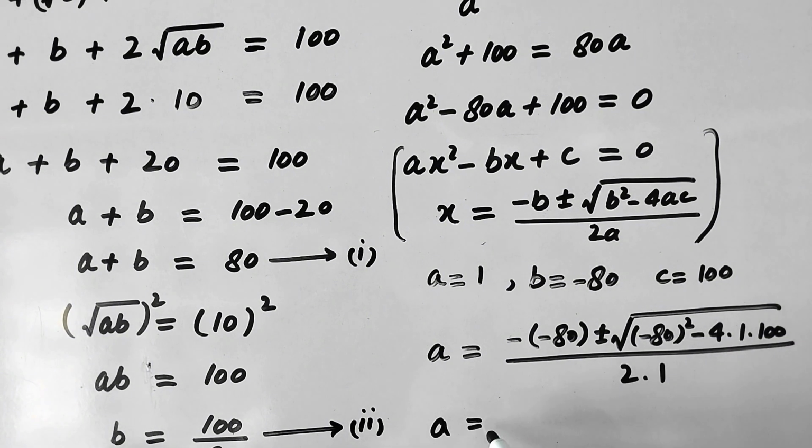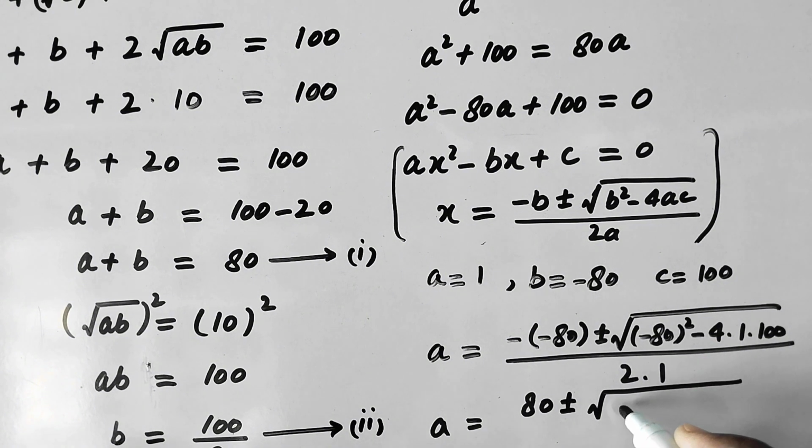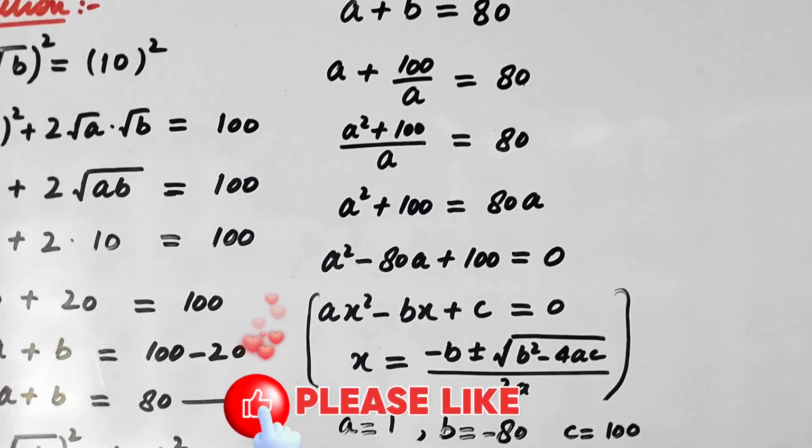So here a will be equal to minus times minus is plus 80 plus or minus square root of minus 80 square is equal to positive 6400 minus 4 times 100 is 400 divided by 2.